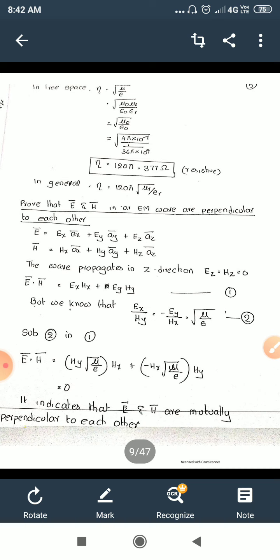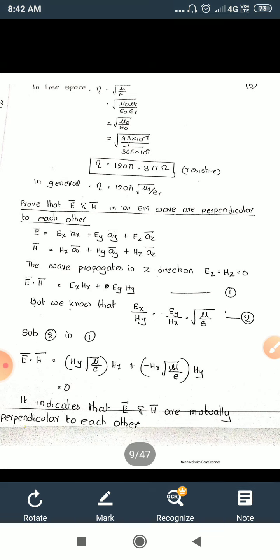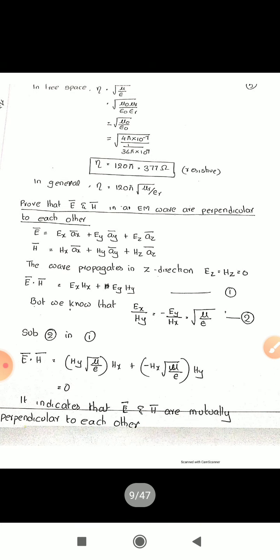In general, eta equal to 120 pi root of mu r by epsilon r if it is in a medium.